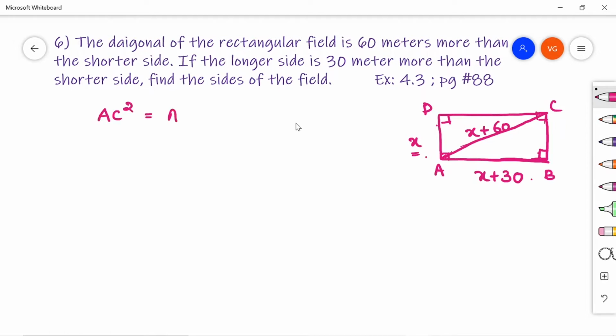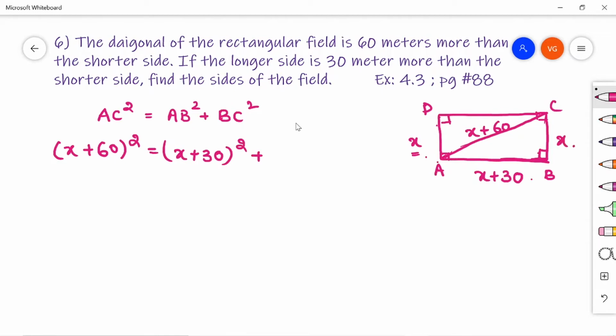So AC square is equal to AB square plus BC square, which is nothing but (x plus 60) whole square is equal to AB, which is (x plus 30) whole square. What is BC? Opposite sides are of the same length here, so BC is also x. So plus x square.